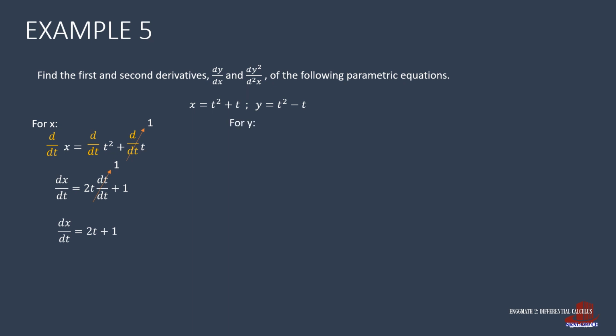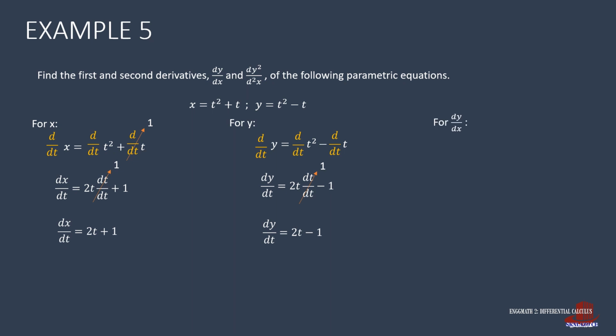Do the same thing for y. So, start by differentiating the terms t squared and t, where we get 2t times dt over dt minus 1, and further reduce it as 2t minus 1.